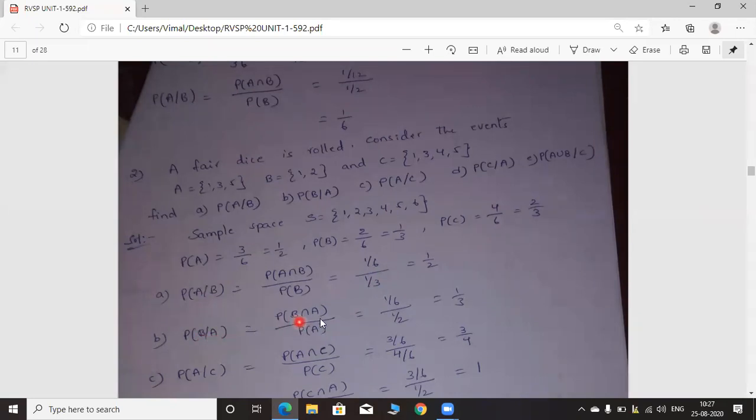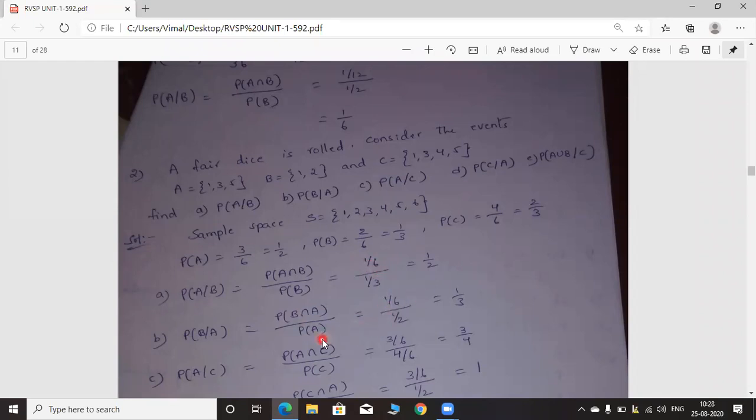Probability of B intersection A and probability of A intersection B both are the same because both indicate the common portion for events A and B only. So the numerator is the same for the 2 bits. Probability of B intersection A can be written as 1 by 6 only, as I have written in the A bit also.